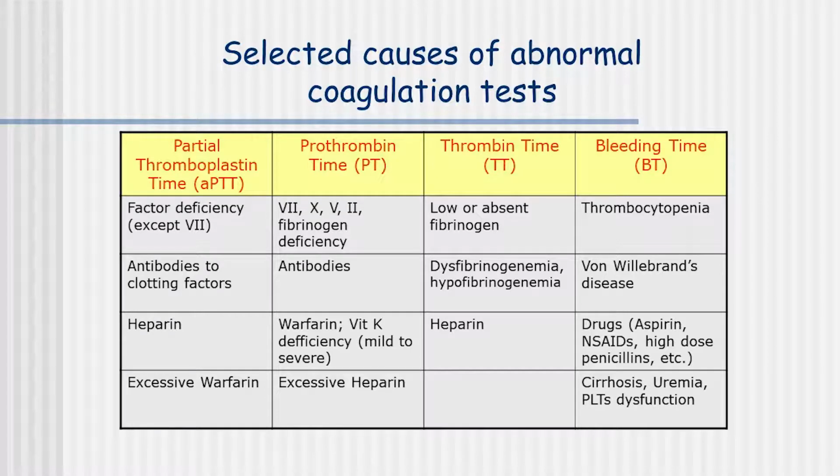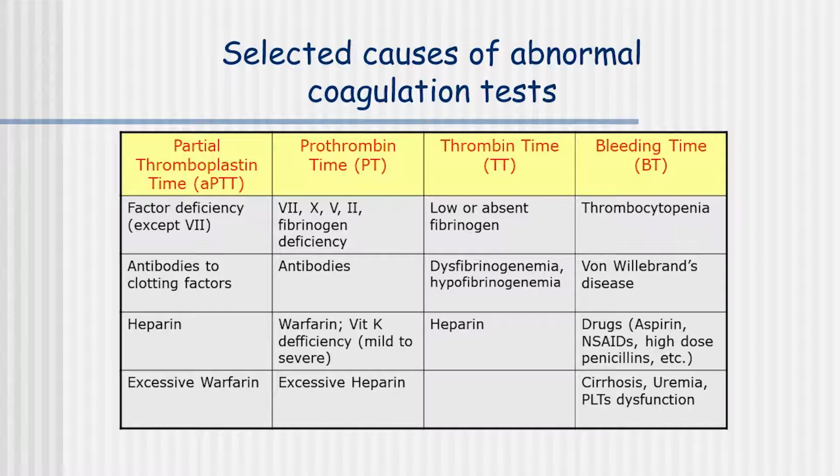Now, the bleeding times are all different for these conditions, so that if you have an abnormal prothrombin time, then you are looking at factor 10, factor 5, factor 2, factor 7, or all of them, fibrinogen deficiencies, and antibodies, warfarin, vitamin K, excessive heparin, all of them come in.